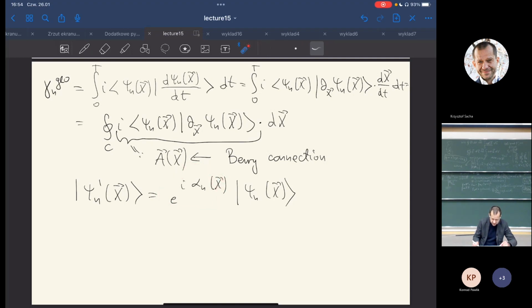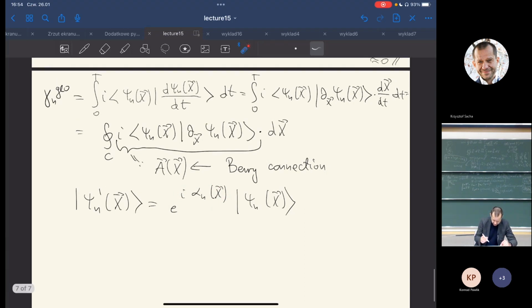So physically, these are the same state because we have introduced just a constant phase. The parameter is constant. And then let us calculate how the Berry connection changes when we perform this gauge transformation. We calculate our Berry connection for this new state, which according to the definition is simply the following quantity.